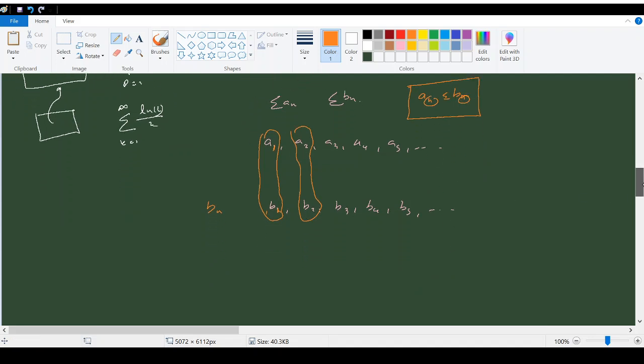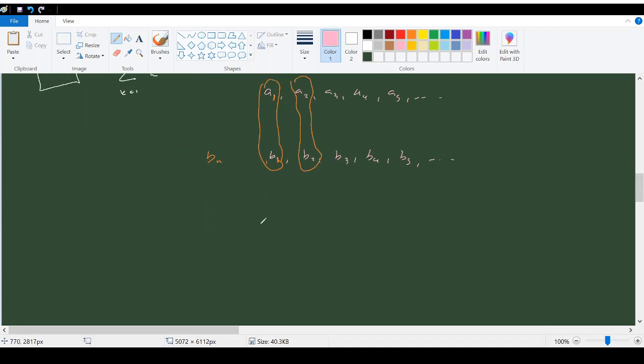And the other thing is, this comparison test doesn't work the other way. Now this is the smaller series and it is enclosed in the larger one according to this relationship.